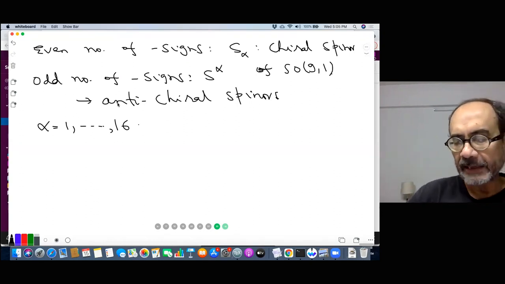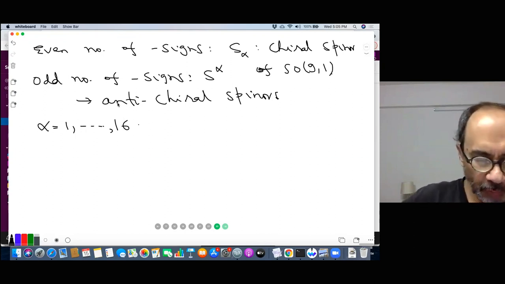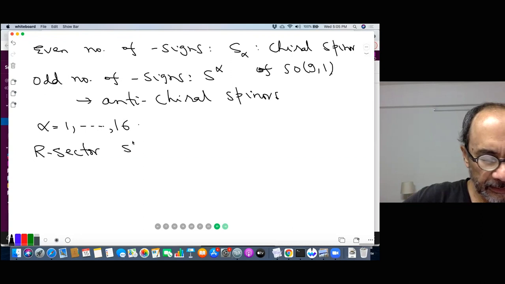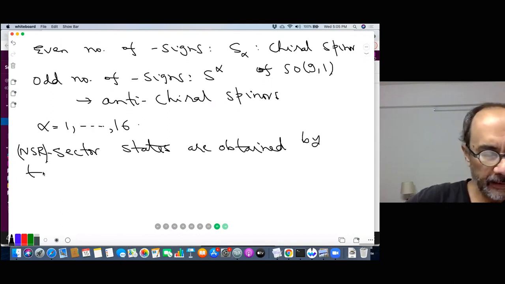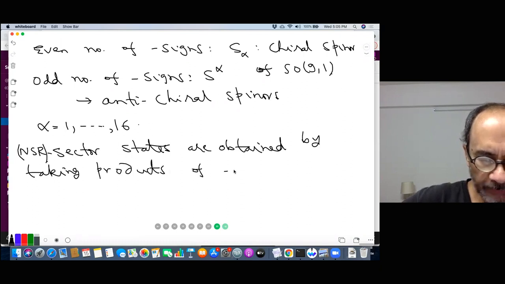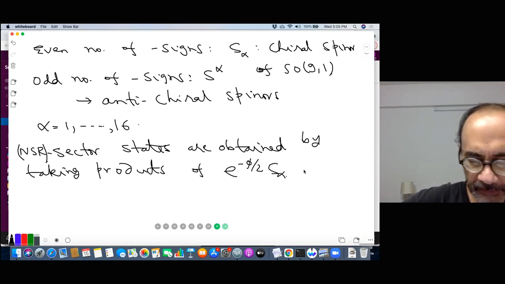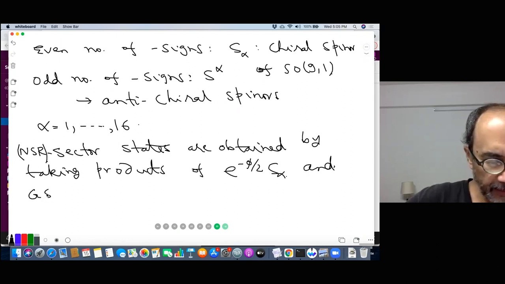Okay. So the idea is that the Ramond sector states, or NSR states, let me say, Ramond in the holomorphic side, are obtained by taking products of e to the minus phi by 2 S alpha and GSO even NS-NS operators.